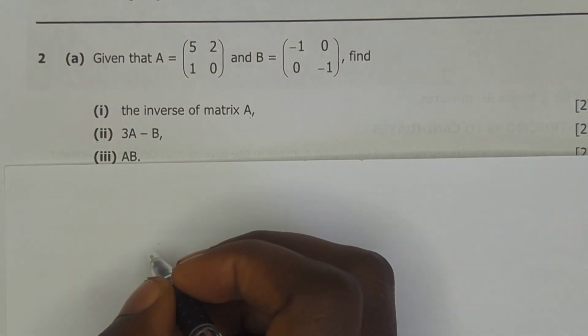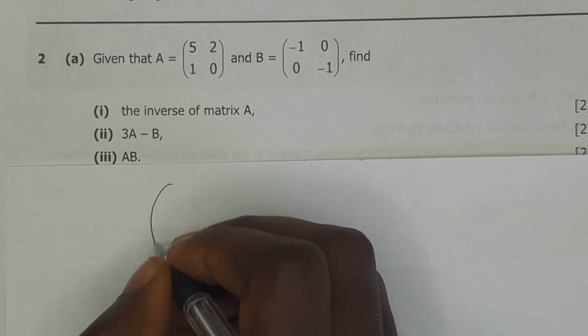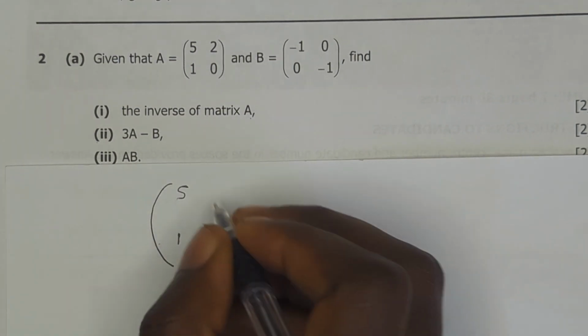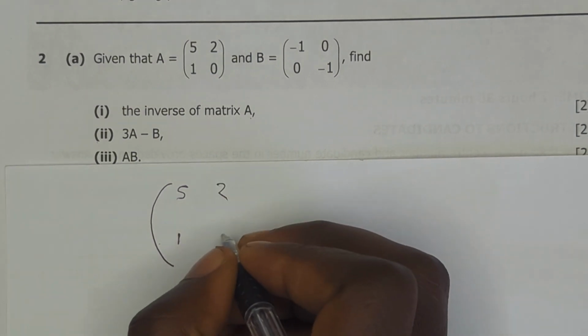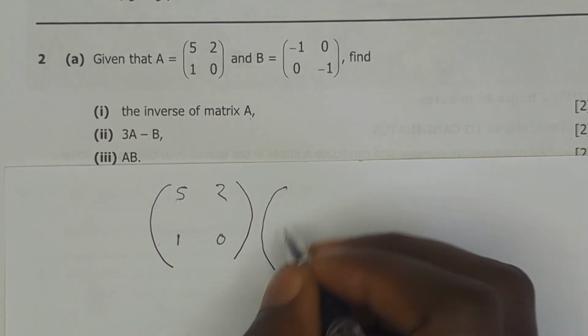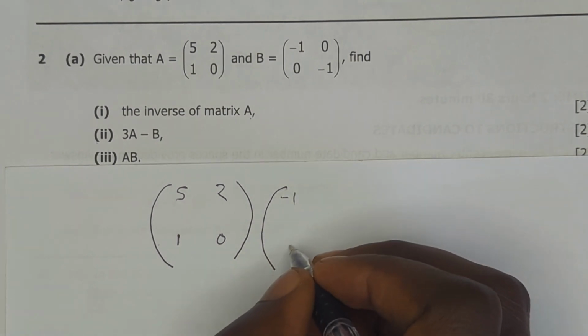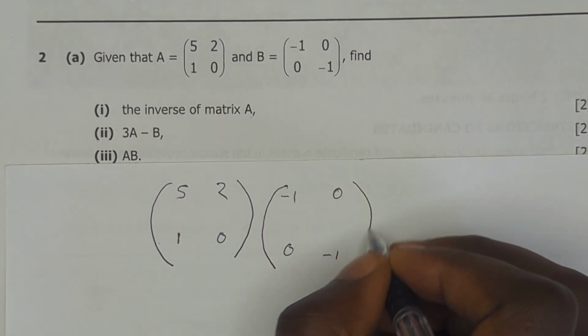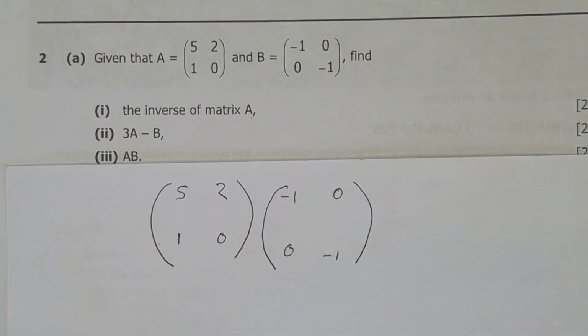So the matrix for A, we have 5, 1, 2, 0. And the matrix for B, we have negative 1, 0, 0, negative 1. So AB means that we have to multiply the matrices.